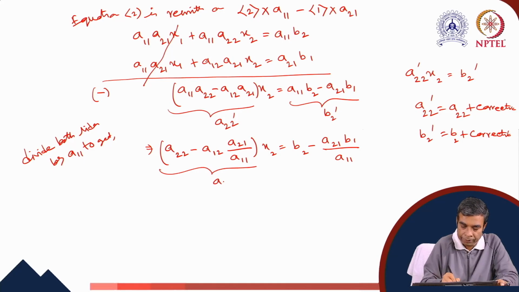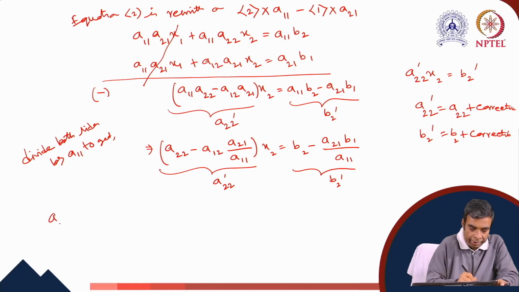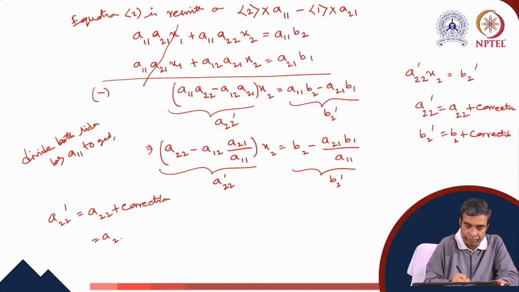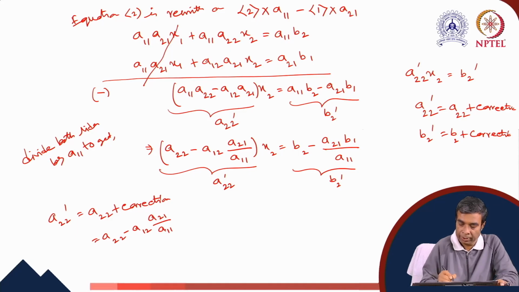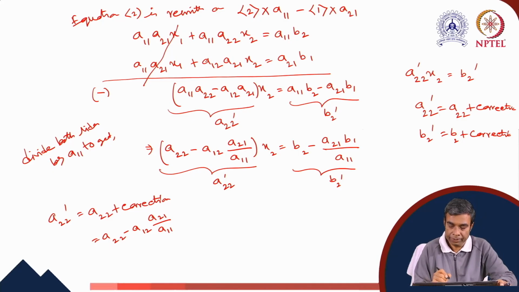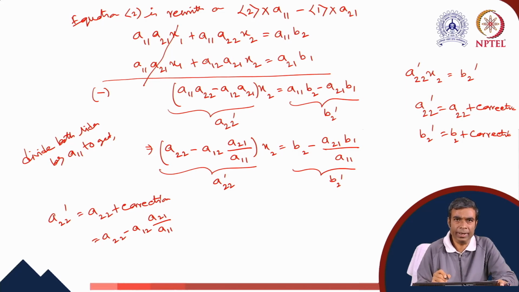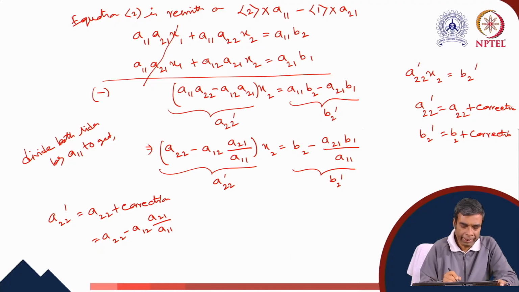So we got our A22' and B2'. So A22' equals A22 plus correction. Here we get the correction term as minus A12 A21 by A11, and similarly we get the correction term for B2. Now this A22' and A22 relationship provides us with a generic relationship. So here we can develop a generic relationship for the transformed value of any term by expanding this relationship.